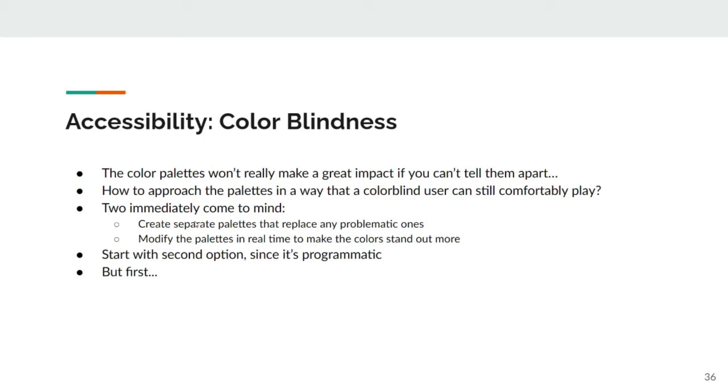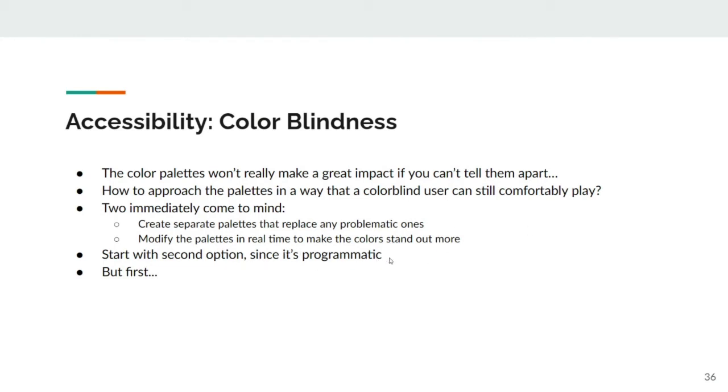You could create separate palettes that replace any problematic ones. You could also modify the palettes in real time, so that if there are two colors that stand out for trichromatic vision but blend together for someone with some form of color blindness, you can identify that and separate them out so that they look different to a colorblind user.